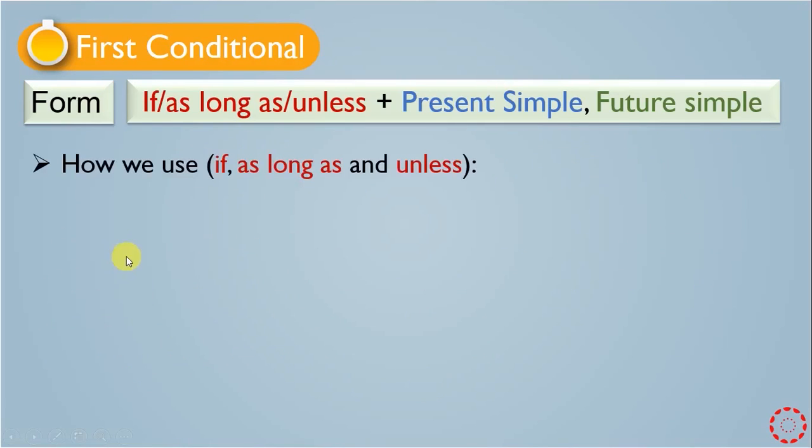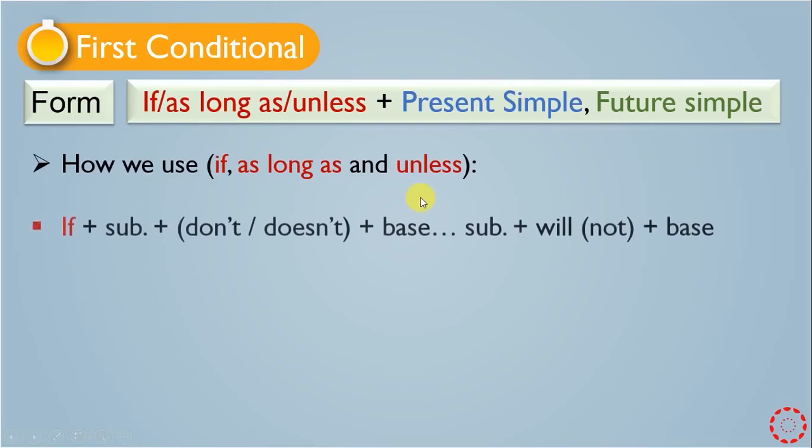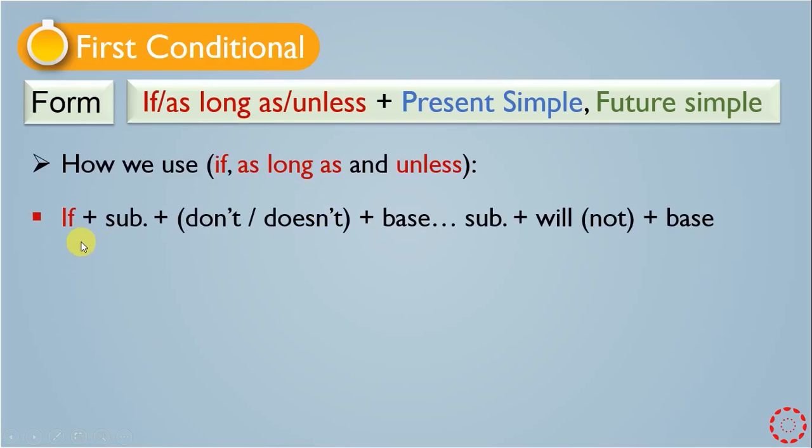Now let's know how we use if, as long as, and unless. This is the structure for this phrase or this expression. For if, the first sentence, the present simple tense, can be like that. We have subject at the beginning, and then we may have the negative, don't or doesn't, it depends on the subject, and then we have base.